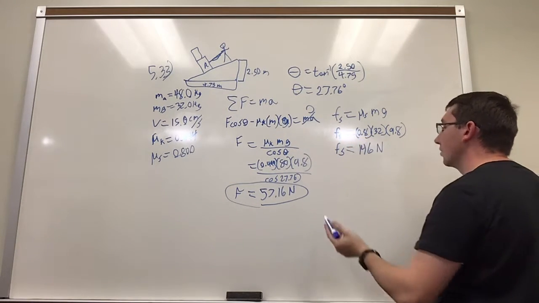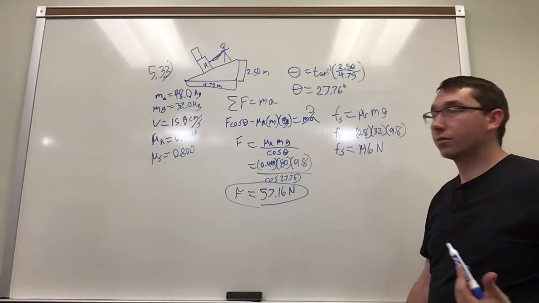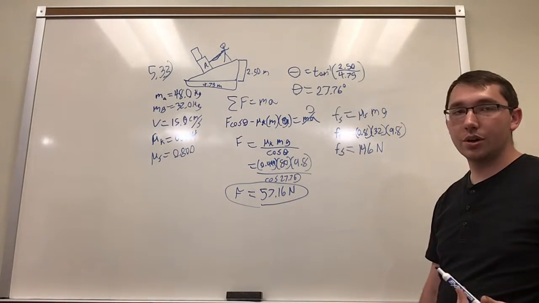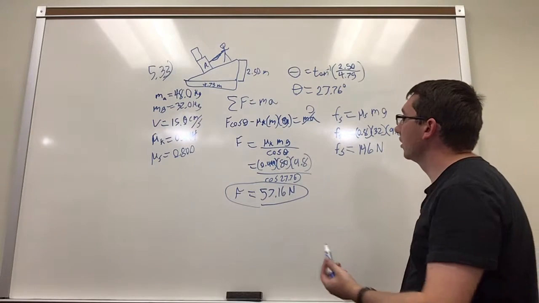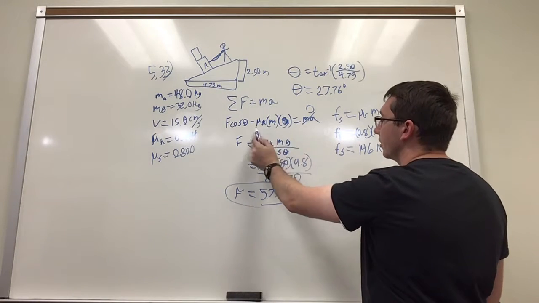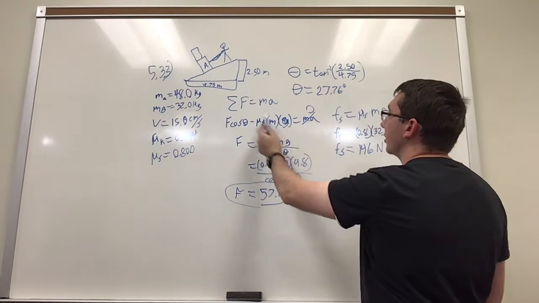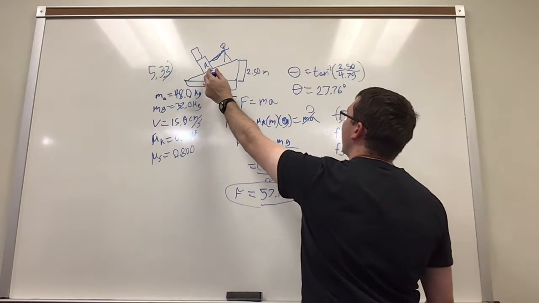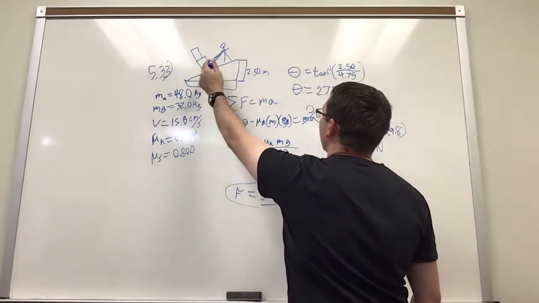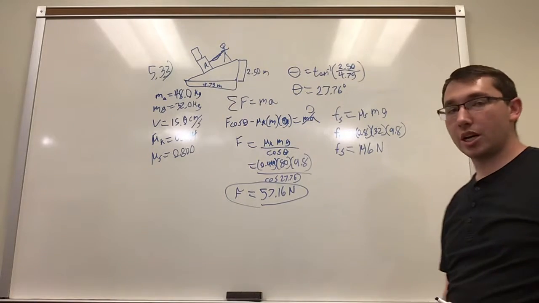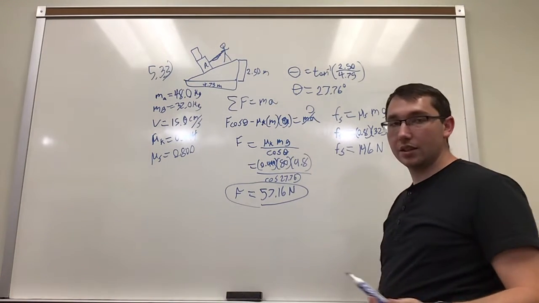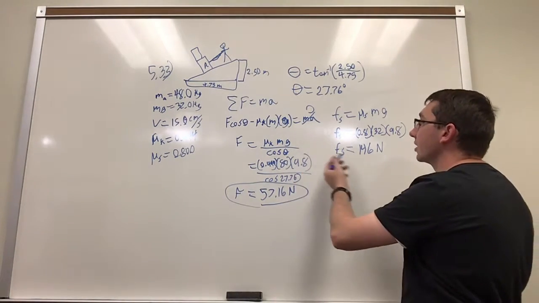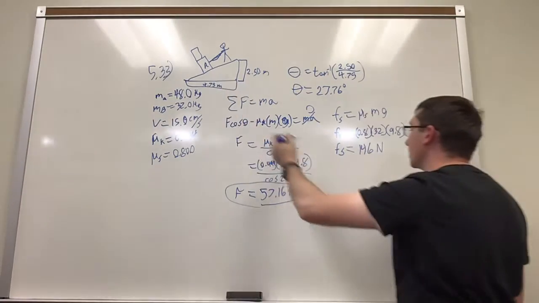And that gives you the magnitude of the frictional force, which is 146 newtons. And when we're trying to figure out the direction, we know that the kinetic friction on box A is opposite of the force that's pushing them down the ramp. So it makes sense that the static friction on box B is going to be the same.